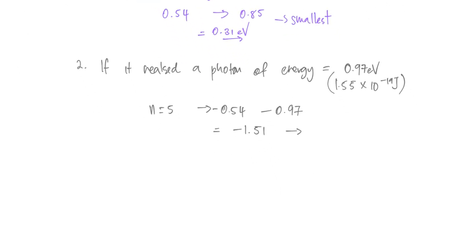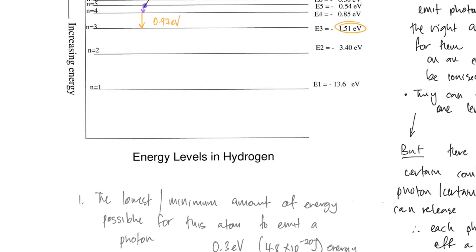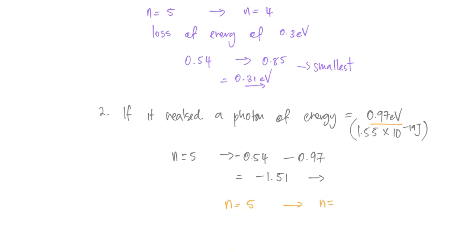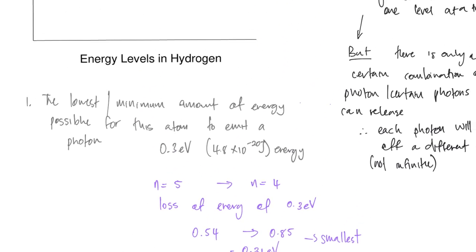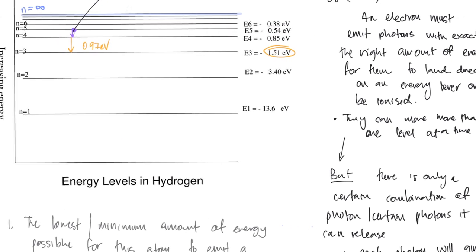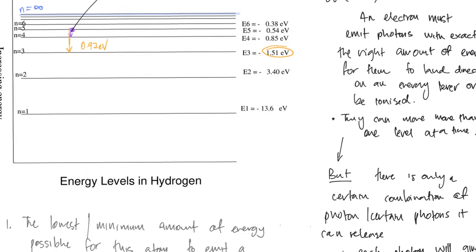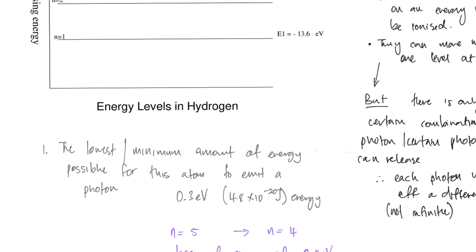So if I had that much released, I would go from n is equal to 5 to n is equal to 3. Sorry, let me just change that a little bit. I go from here to there. That is the kind of thing that I am looking at.